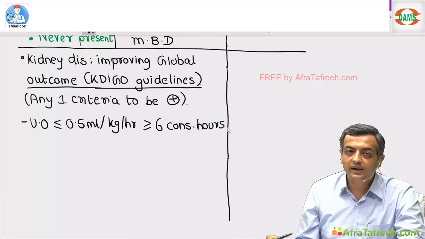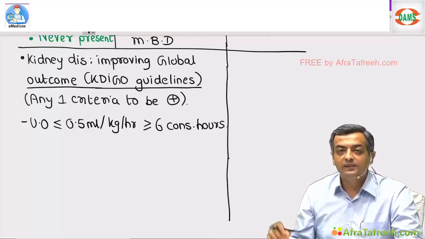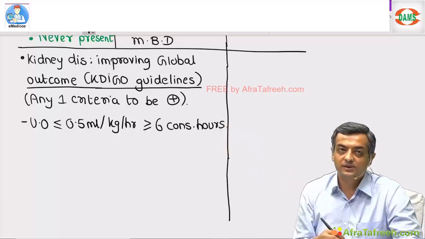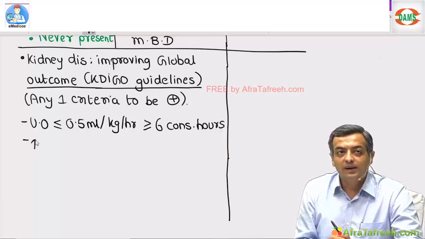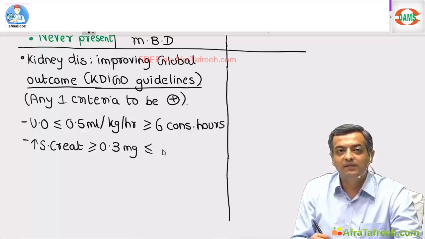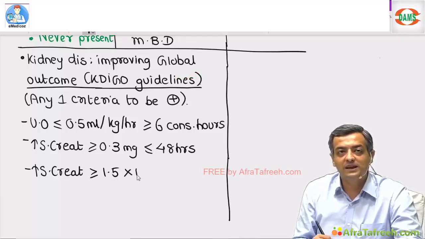In acute kidney disease, you can monitor the hourly urine output. If the urine output remains consistently low for more than 6 hours, you can say that it is acute kidney injury. Or if there is a rise in the serum creatinine by more than 0.3 milligram from the baseline within a period of 48 hours, or a rise in serum creatinine by more than 1.5 times the baseline within a period of 7 days.